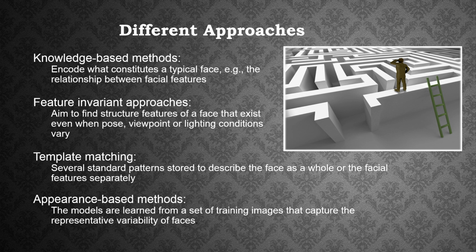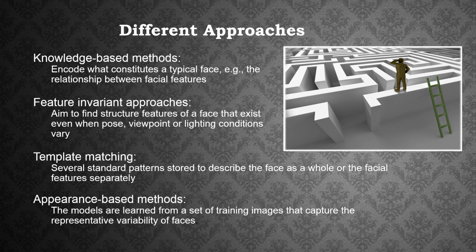The third is template matching, where several standard patterns are stored to describe the face as a whole or the facial features separately. From that, they can match their templates and detect the facial objects in the image. Appearance-based methods.